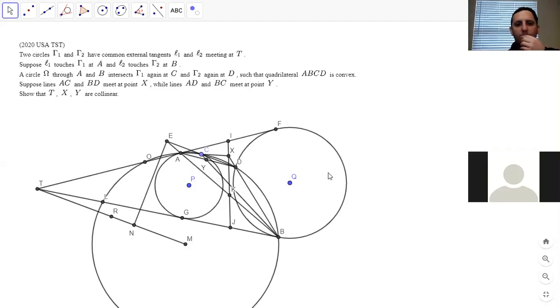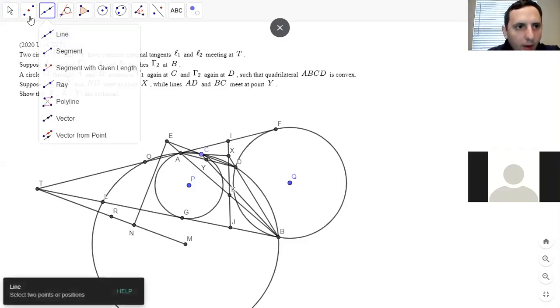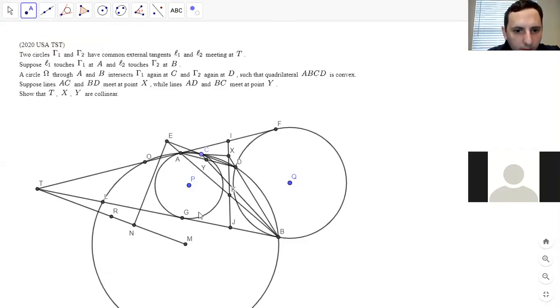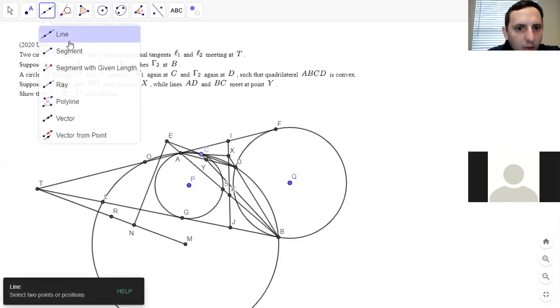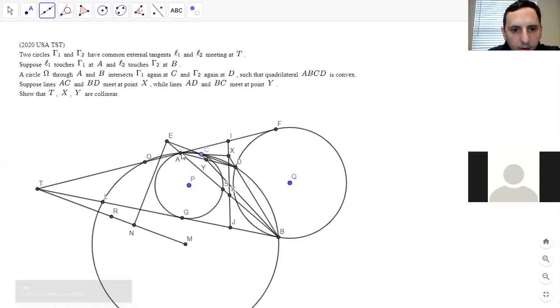Okay. So if you let AD cut the circle at one point and AB cut the circle at one point. Hold on a sec. AB and AD. Yeah, AD.